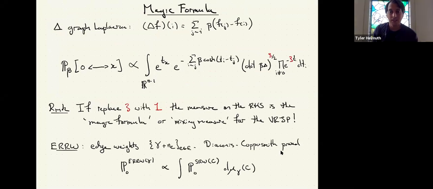Okay, so for me, delta is the graph Laplacian, so it just acts on functions on vertices by summing over all the neighbors, and then I stick in a beta, fj minus fi. So this is the ordinary graph Laplacian. And then the magic formula is this thing here.